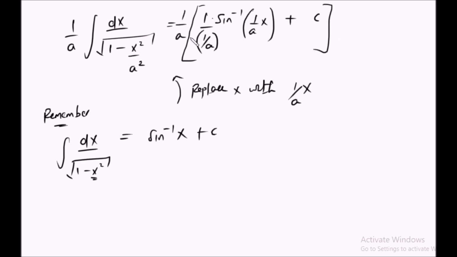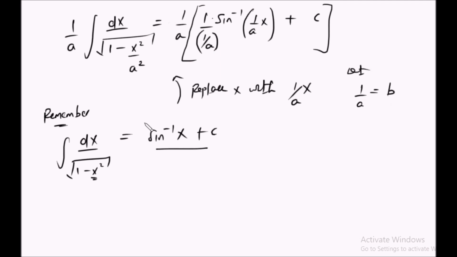Sasa usisahau hii 1 over a iliyopo nje huku. So ndicho nilichosema hicho. Nisema kwamba tunaona hapa replace x with a multiple of x. So integration inakuwa vile vile except, yani ili kurahisishia fanya labda 1 over a let sasa na b.